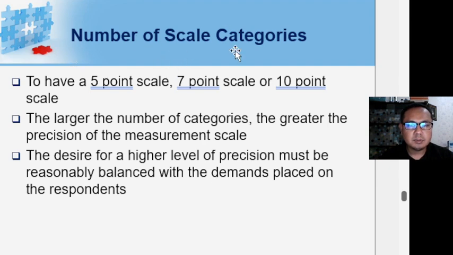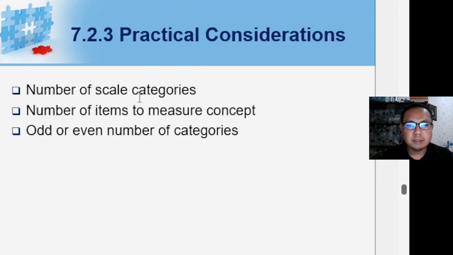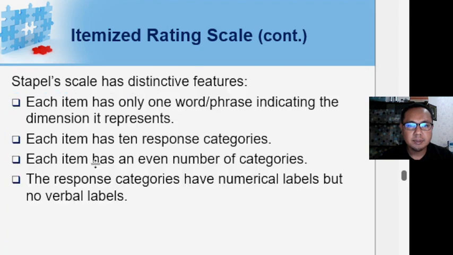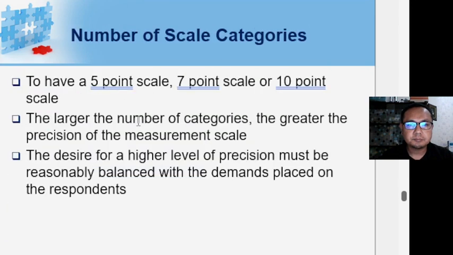As for the number of scale categories, maybe you can have up to a 10-point scale, as you can see in the Stapel example. The larger the number of categories, the greater the precision of the measurement scale.